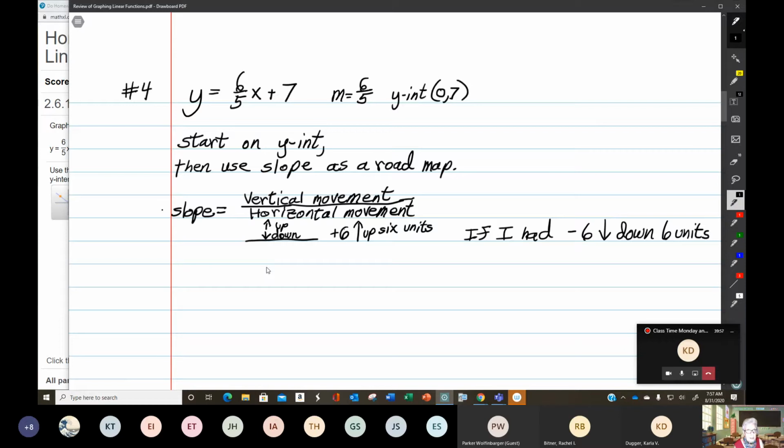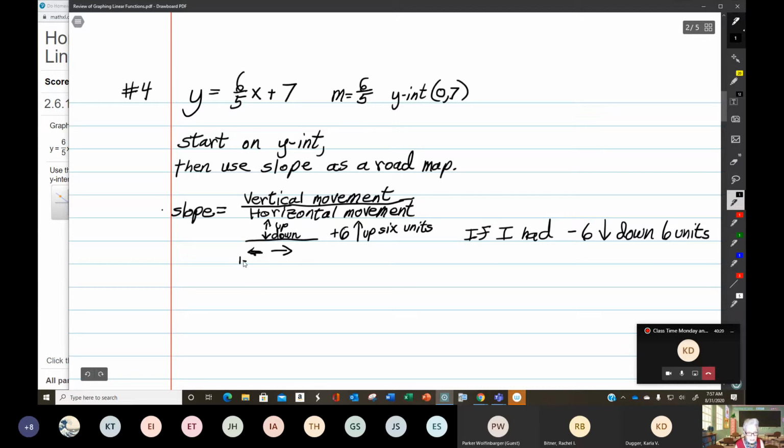Now the denominator is confined to only strictly horizontal movement, which means you can either go left or you can go right, and that's it. Almost knocked my water over. That's an arrow, believe it or not.